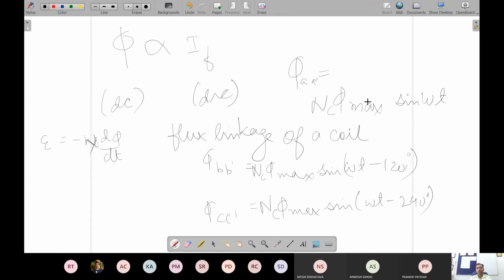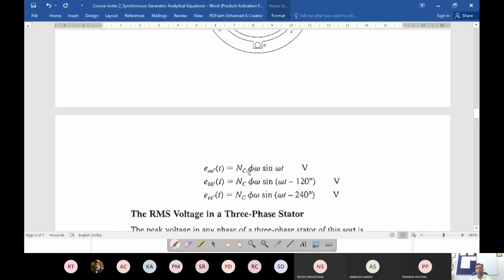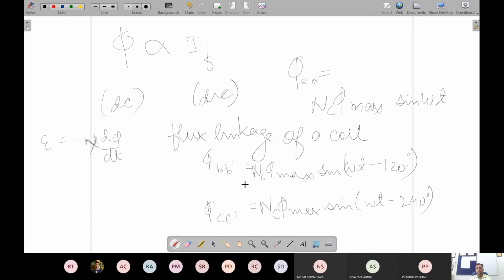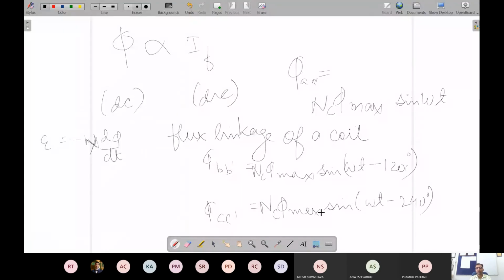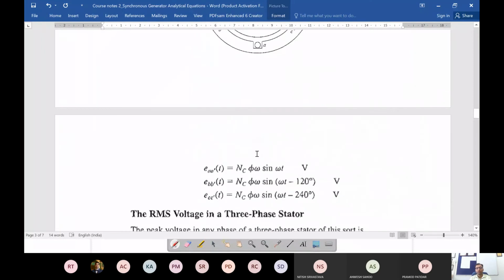So if I take d by dt, this becomes NC phi max omega sine omega t. Phi max is just called phi. In the same way, EBB dash will be NC phi max omega sine omega t minus 120 degree, and for ECC dash, NC phi max omega sine omega t minus 240 degree. That's how you get these three phase voltages.